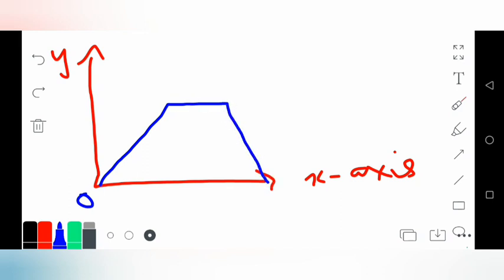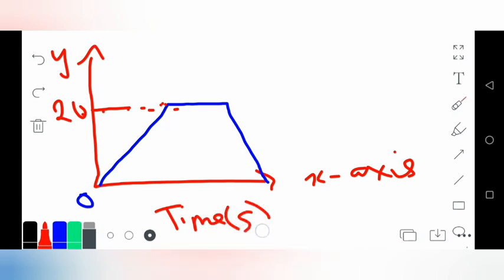For example, at this maximum point, let's say we have 20 there. On the x-axis, this is time, and on the y-axis, this is velocity, in meters per second.